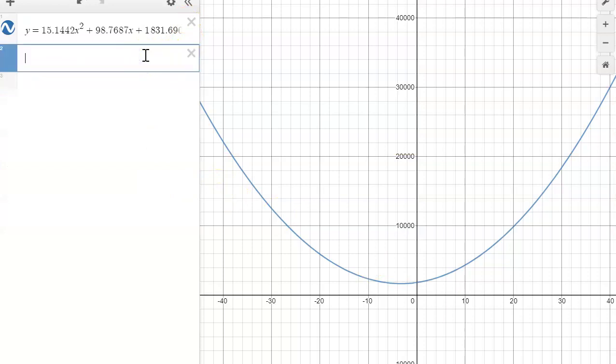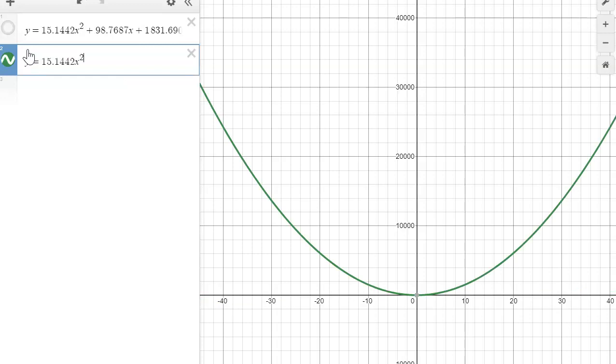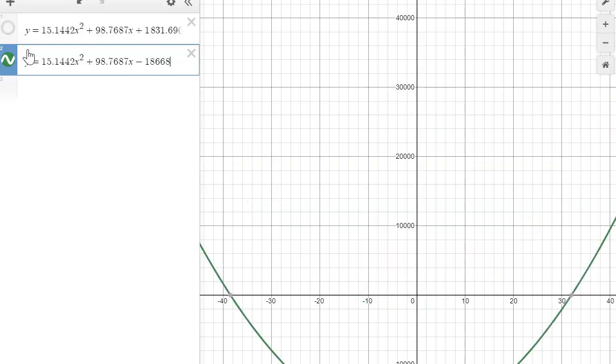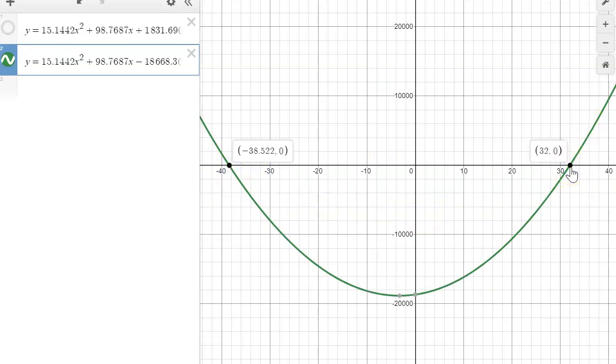I'll leave the blue one for now. I'll turn it off. Okay, so if I take a look at this graph, it's crossing the x-axis at negative 38 and at 32.